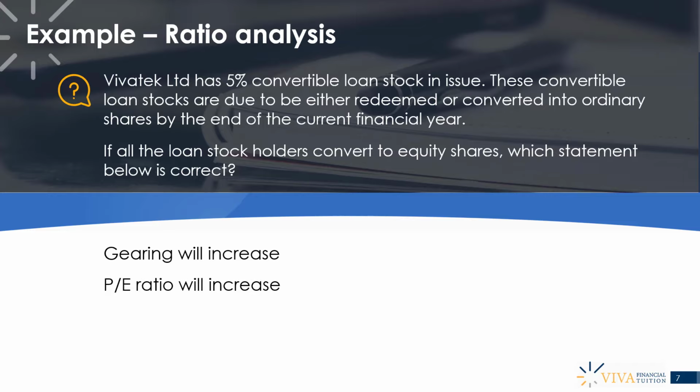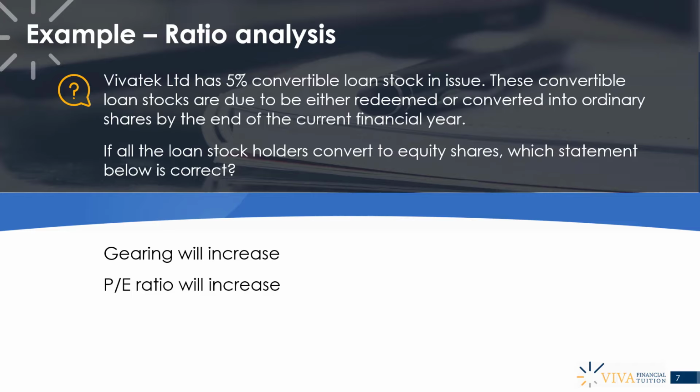Next, the PE ratio will increase. So PE ratio is the share price divided by the earnings per share, or the market capitalization divided by the total earnings. Now, which of these would be affected? Well, we're going to have more shares if this conversion happens. The business isn't going to be worth any more money, but we're going to have a lot more shares.